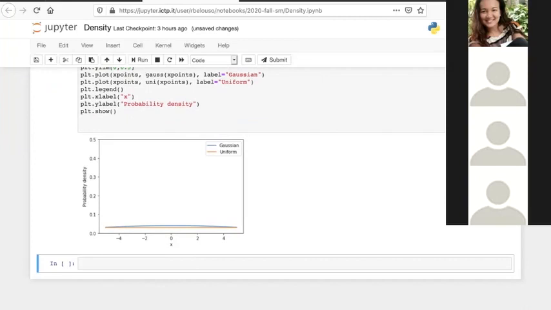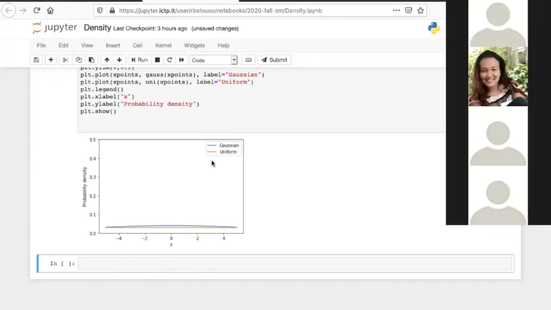Now let me ask Said, what will become of these curves if I make the standard deviation a very large number, almost infinity? It becomes very large, and the height decreases, it becomes near 0.